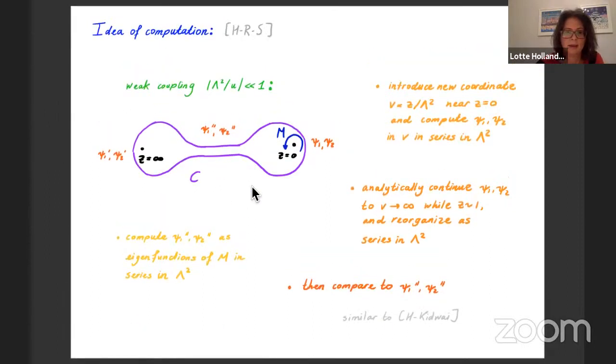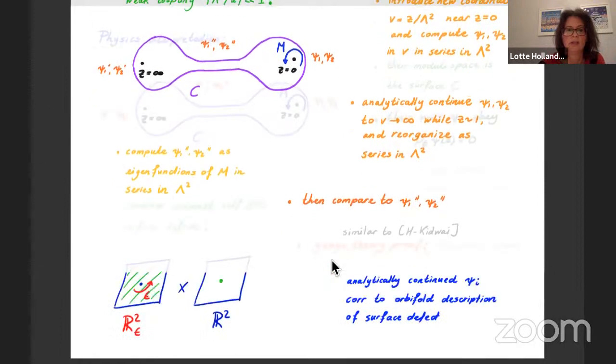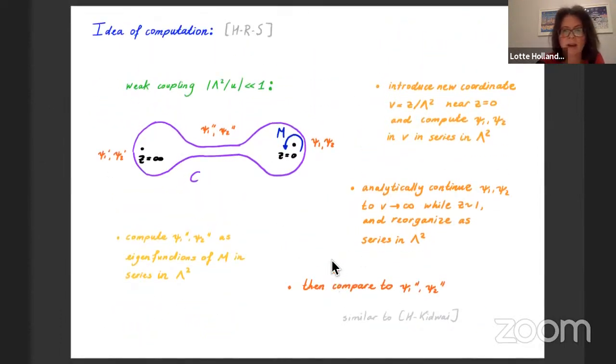Then you compute these intermediate solutions, psi1 double prime and psi2 double prime, independently as eigenfunctions of the monodromies, also in a series expansion in lambda squared. If you then compare them, you find the Wronskians that we were after.